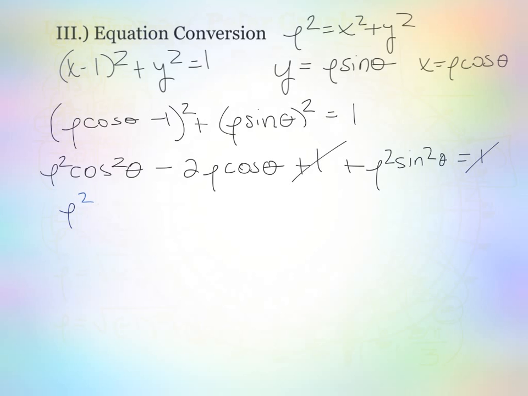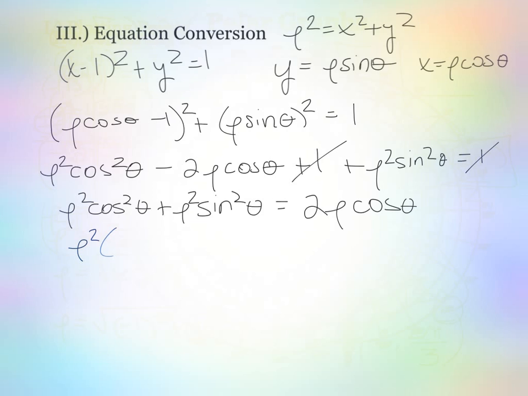So rho squared cosine squared theta plus rho squared sine squared theta equals 2 rho cosine theta. Now you can factor out the rho squared. So that becomes rho squared times (cosine squared theta plus sine squared theta) equals 2 rho cosine theta.